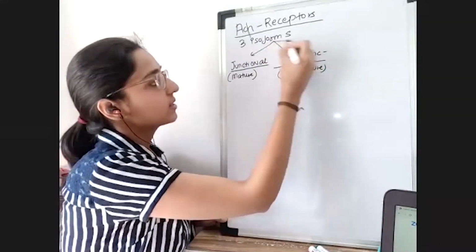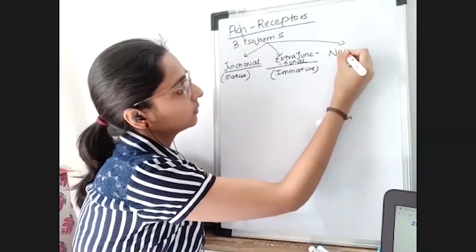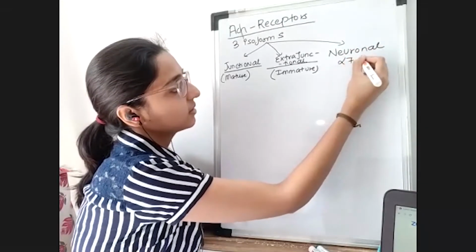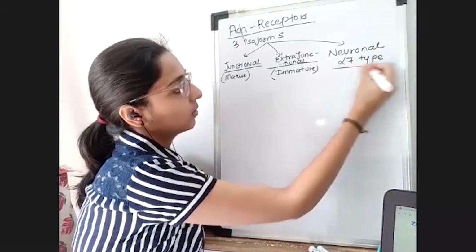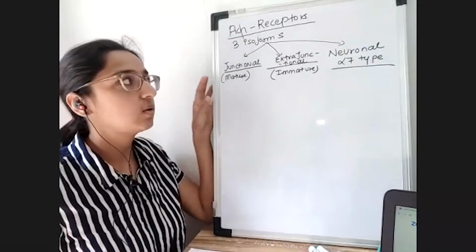And then the third are the neuronal type, also known as the alpha 7 type. So we have to understand these 3 isoforms of the acetylcholine receptors.